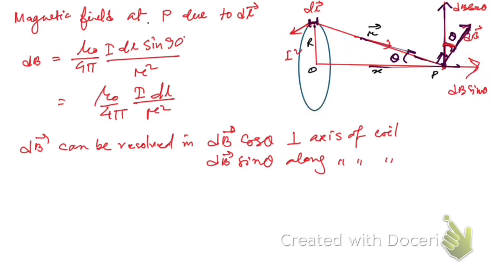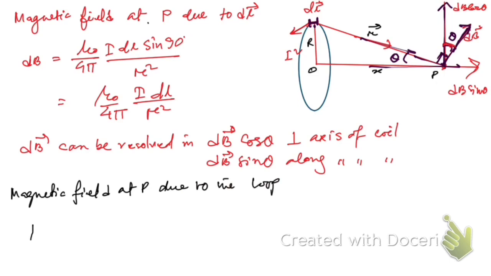So the magnetic field at P due to the loop will be given by B is equal to, let me write the scalar form first.